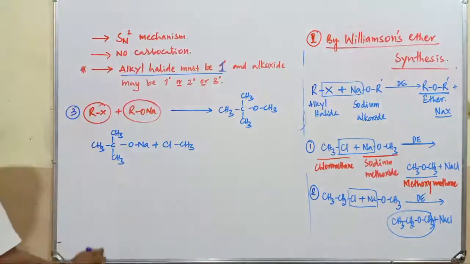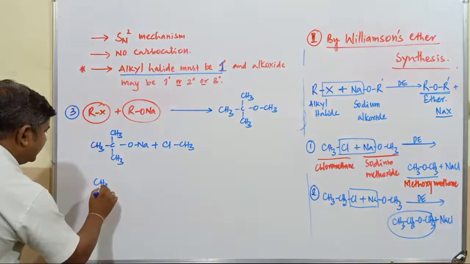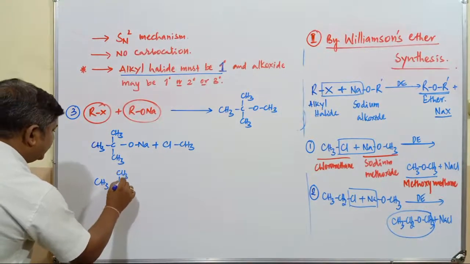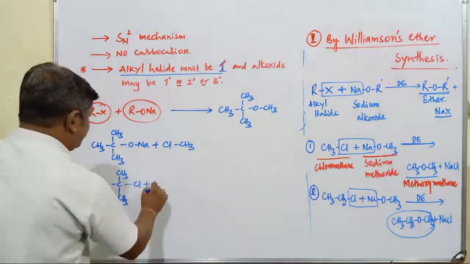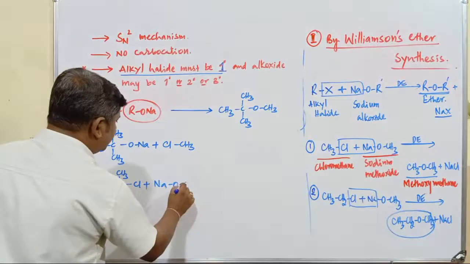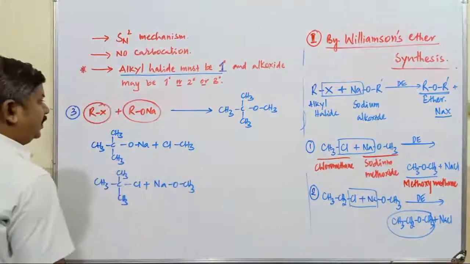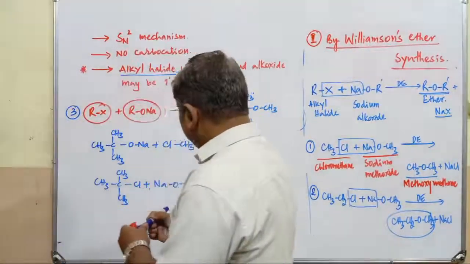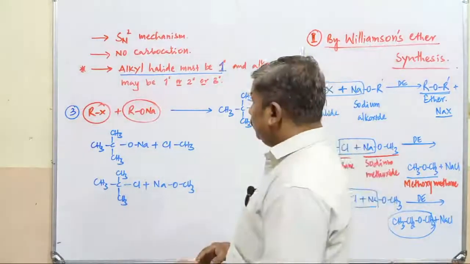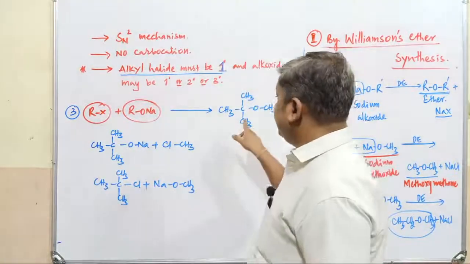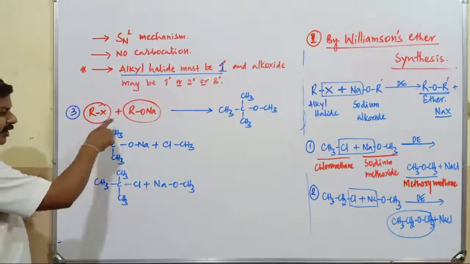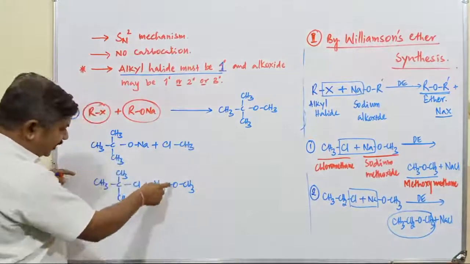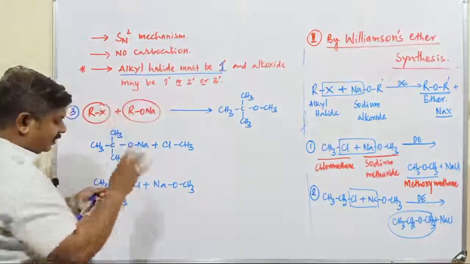One possibility. Another possibility is CH3, CH3, Cl plus NaOCH3. Now if you go with these two possibilities, which is the correct possibility in this reaction?